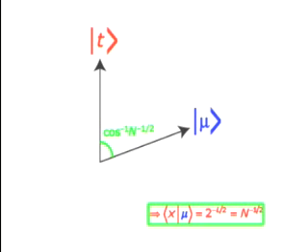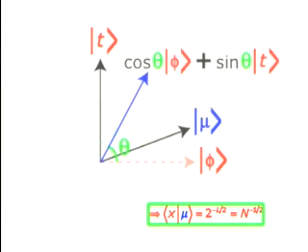Let's define a state that is orthogonal to T. Here, call it phi. And now consider a family of states all lying in this plane. Cos theta times phi plus sine theta times t, where theta is a real parameter.